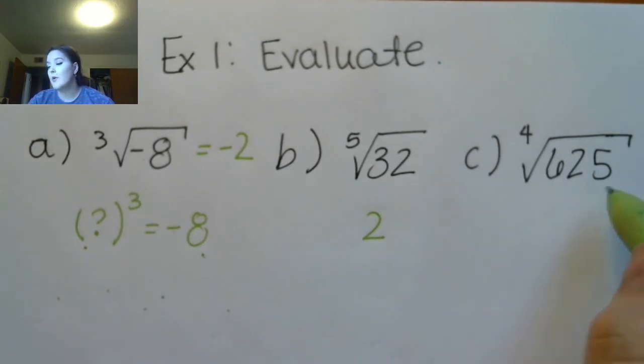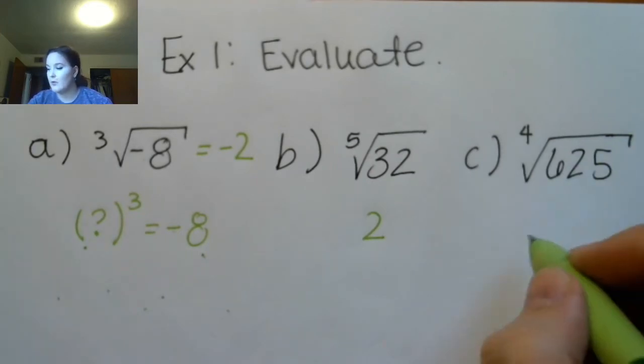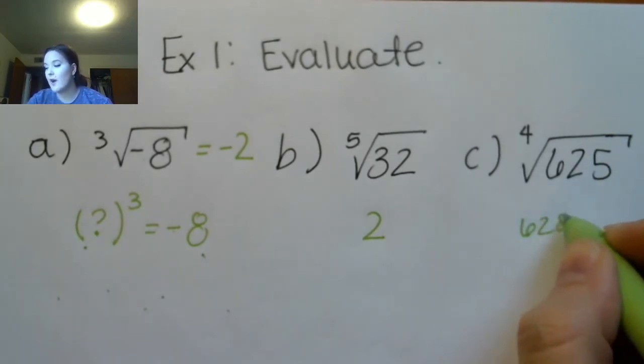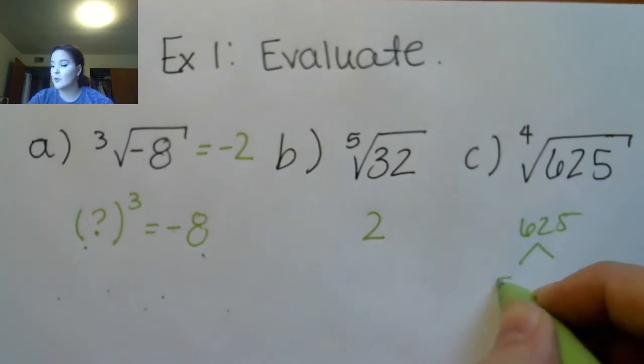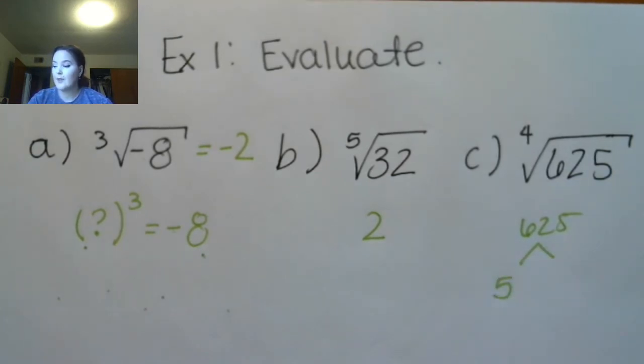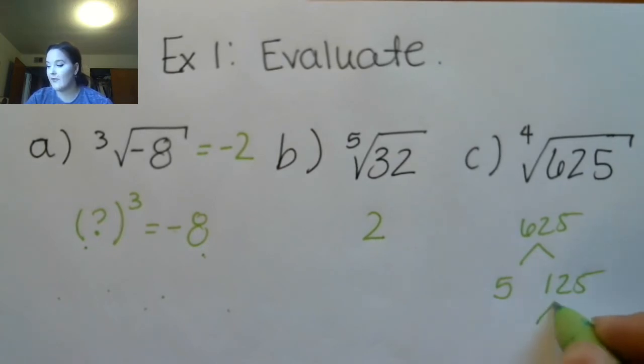If you don't know, you can make a factor tree for 625 to help you. You could start with 625. I can tell that this is divisible by 5. When I divide it by 5, I get 125. This is divisible by 5 again.